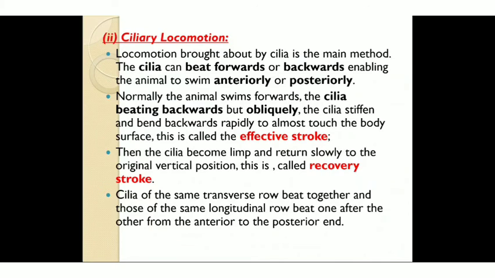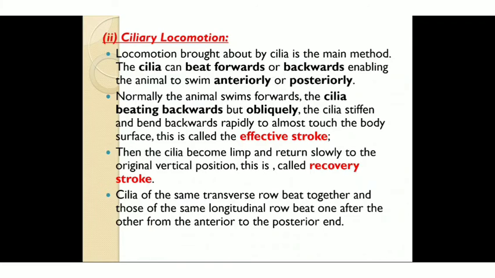Are you getting it? When it goes back, it becomes stiff, and when it goes to the normal position, it loosens up. This loosening up or coming back to the normal position is called the recovery stroke. There are two strokes, effective stroke and recovery stroke. In the effective stroke, it strikes the body hard, with all the power.